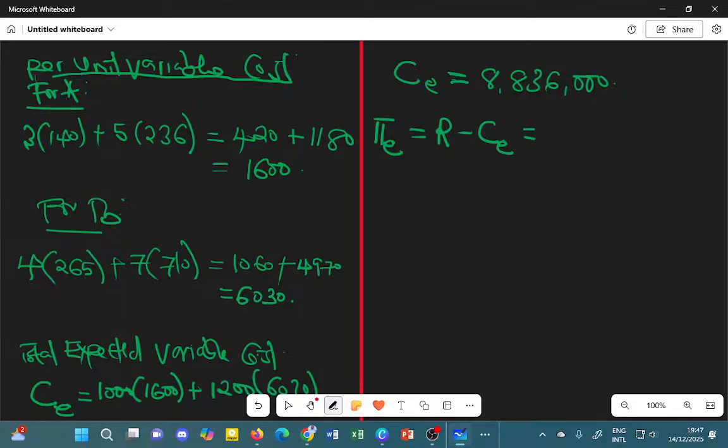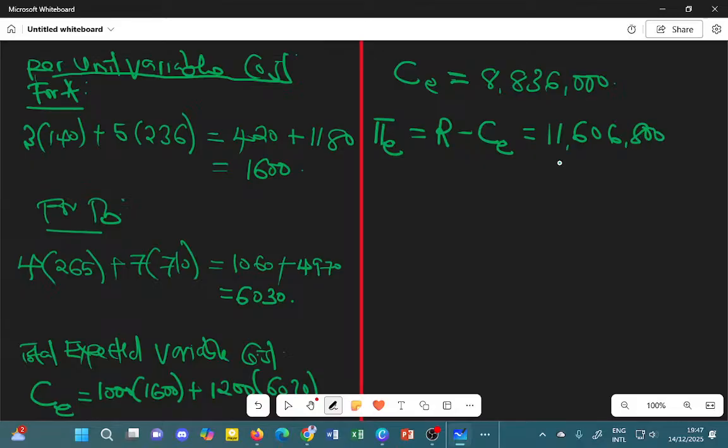We worked out our expected revenue to be 11,606,800.